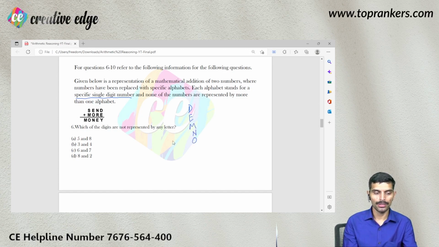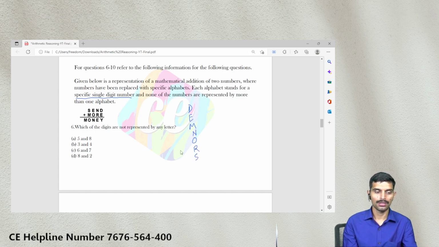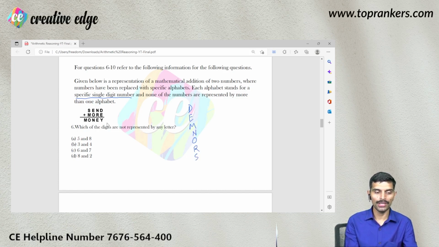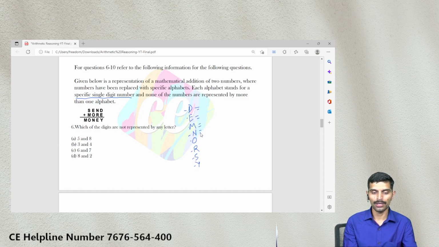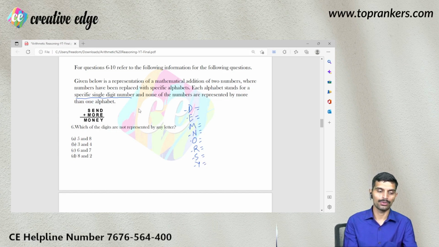O is also here. M, N, O, P is not here. Q is not here. R is here. S is also here. S, T, U, V, W, X not here, but Y is here. So how many different alphabets do we have? 1, 2, 3, 4, 5, 6, 7, and 8. Each alphabet will have a unique digit assigned to it, and we will try to decode that value, right?